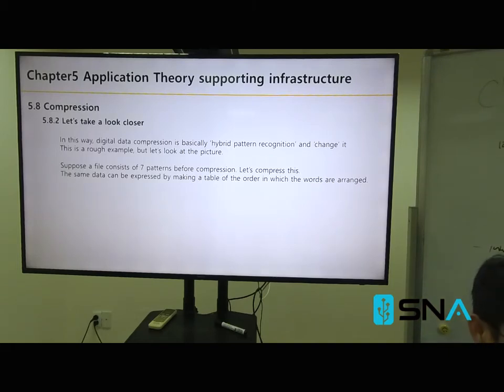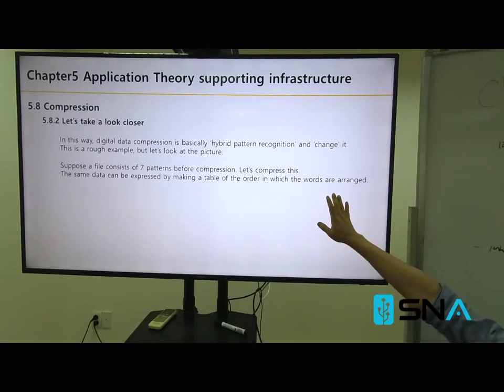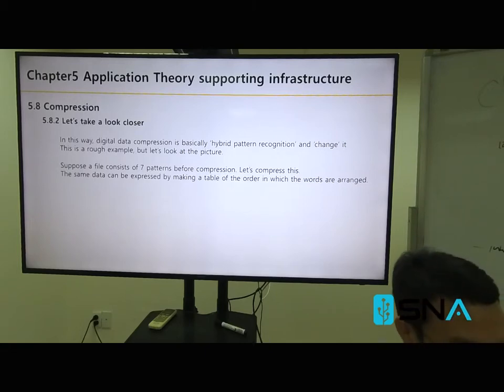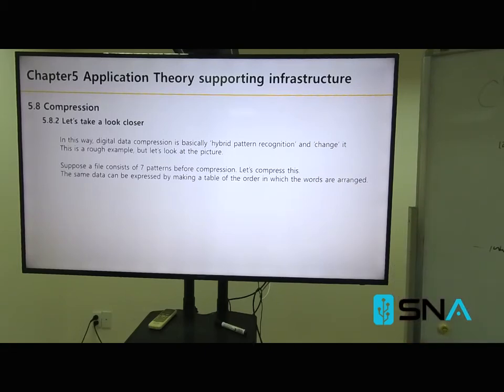In this way, digital data compression is basically a hybrid of pattern recognition and substitution. This is a simple example, but let's look at a picture. Suppose a picture consists of 7 patterns. Before compression, the same data can be expressed by making a table in which the words are arranged.